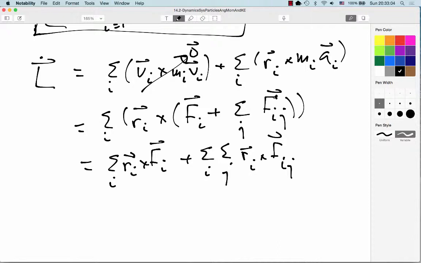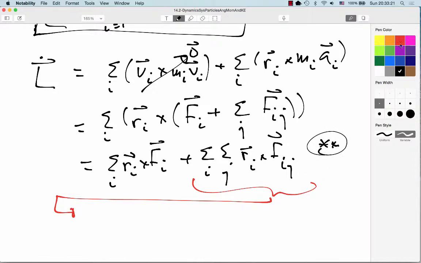Okay. At the moment we're just looking at this term here, and we'll call this double star for later.